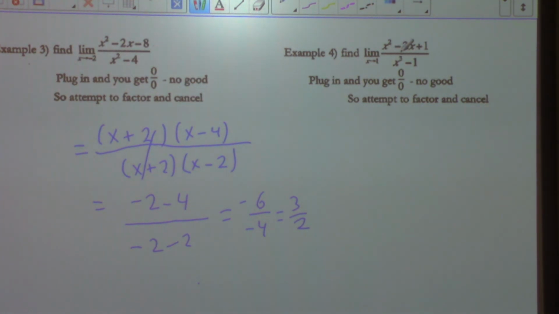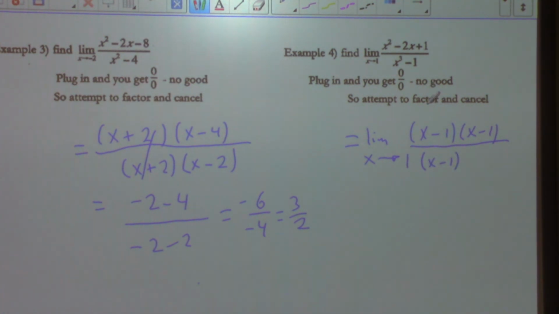Now this one here, you have a cubic right here. So this is going to be hard to cancel in the denominator, but let's look at it pretty quickly anyway. What did you get for your factoring on top? X minus 1 and x minus 1. Yes. Okay, and down here, you know you have 0 over 0, so you know one of these factors is going to be x minus 1.